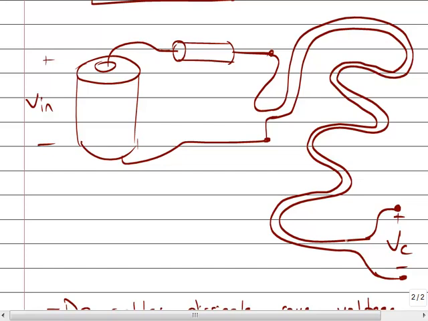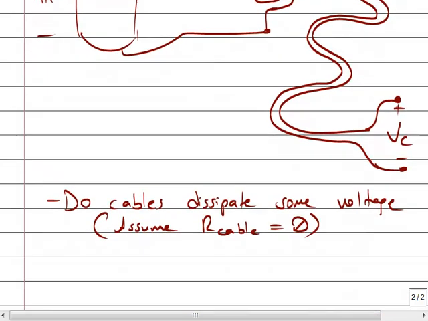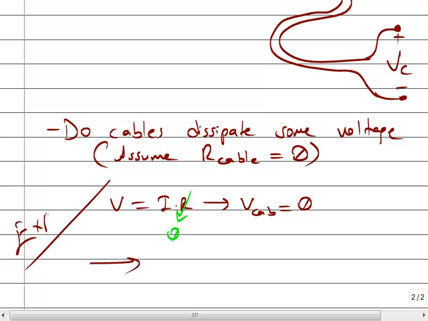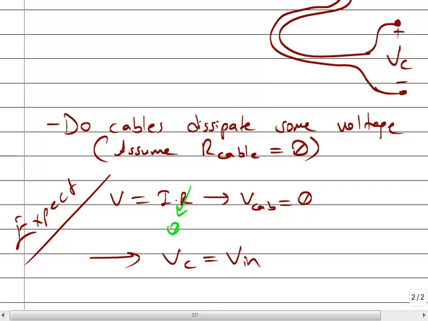Okay, I expect. So far we have learned voltage drop is equal to I times R. If R is 0, so I should say V cable is 0. So I expect, okay, this is my expectation, VC is equal to V in.